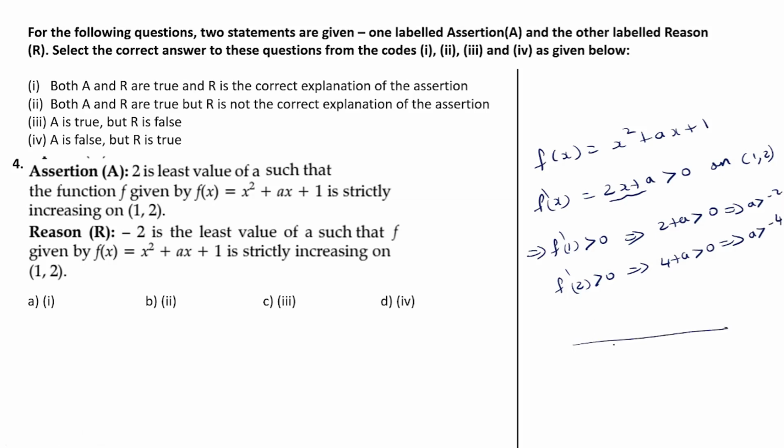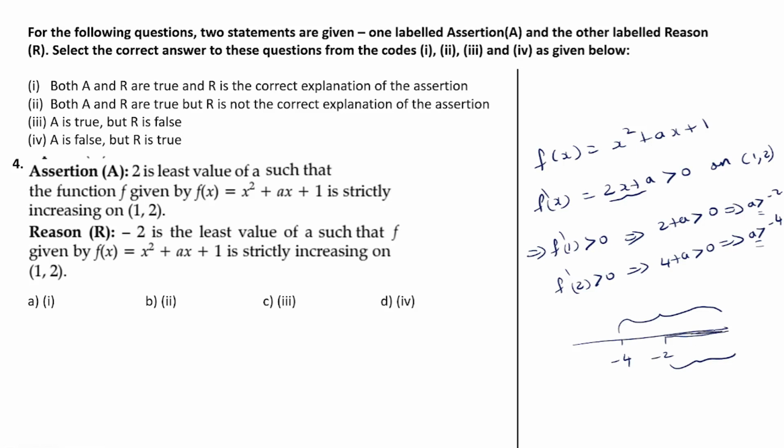So if we see on the number line, here we have minus 4, here we have minus 2. A greater than minus 4 consists of this part and a greater than minus 2 consists of this part. So the region which is common to these two is this part.